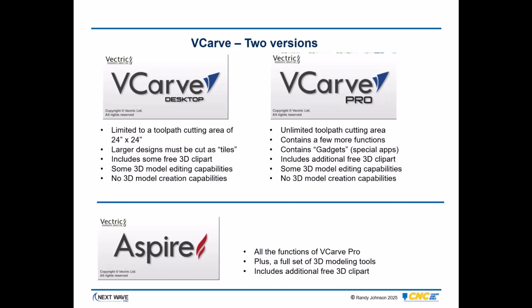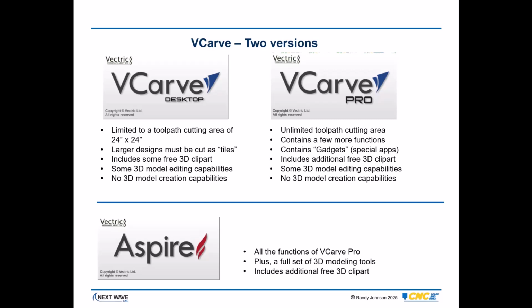I do use Aspire. I enjoy it. I personally don't use it for modeling things like trees and animals or anything like that, but I do use it for modeling certain other kinds of sculptural projects. Like I've used it to create some guitar parts and some violin parts, some other geometric type shapes for carving, and it's very handy for that.